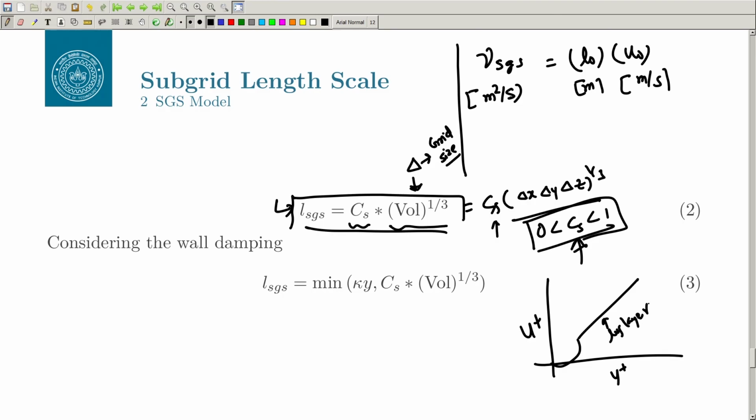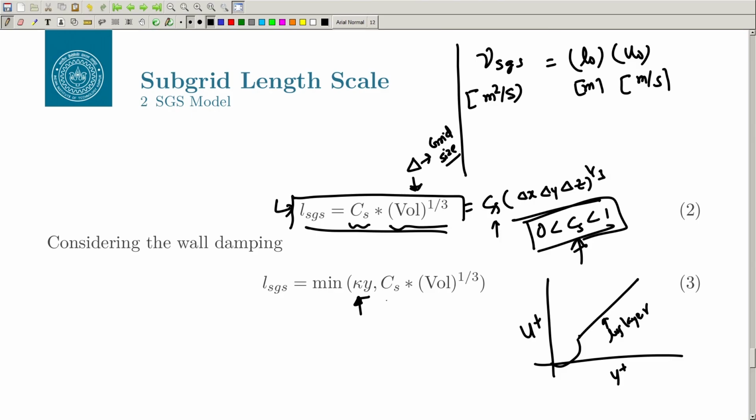What we derived is that the velocity changes as kappa y in this region. What this kappa y does is ensure that it respects the law of the wall when it comes close to the body.